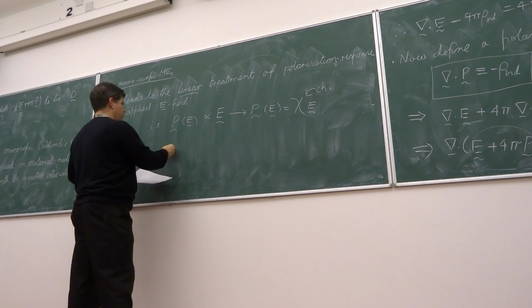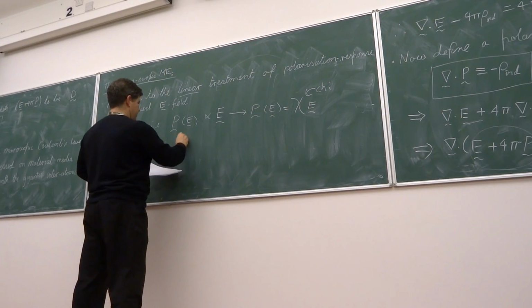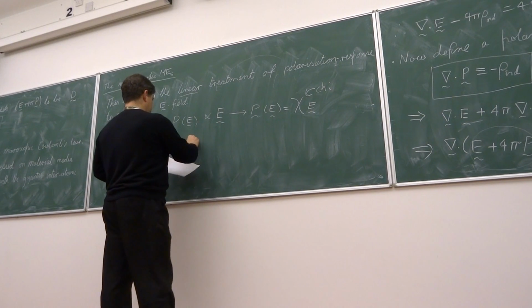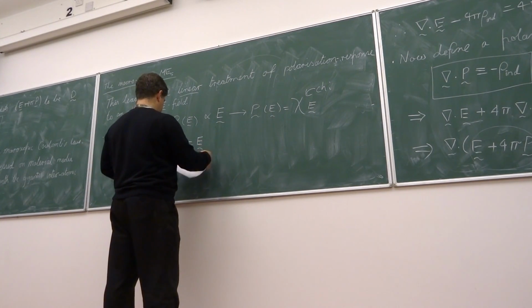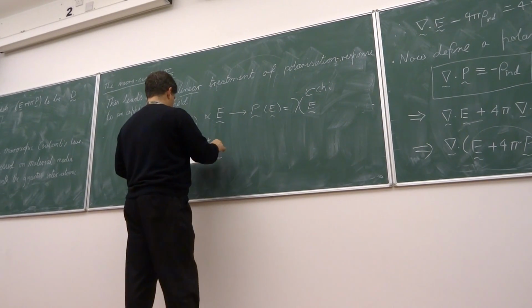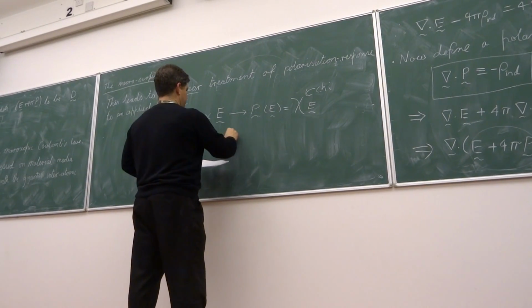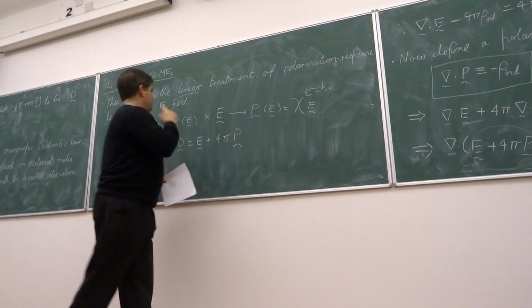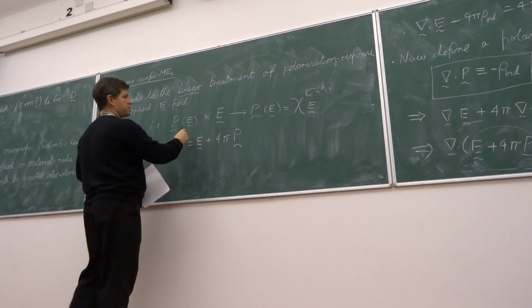So we can now reformulate D, the displacement vector, to be equal to the electric field plus, which we had as 4 pi, and we're simply going to substitute in.